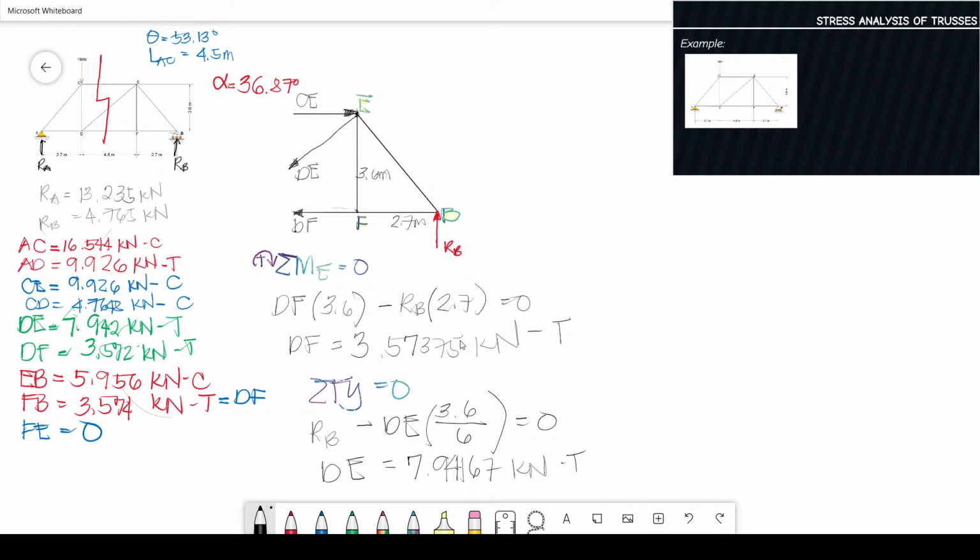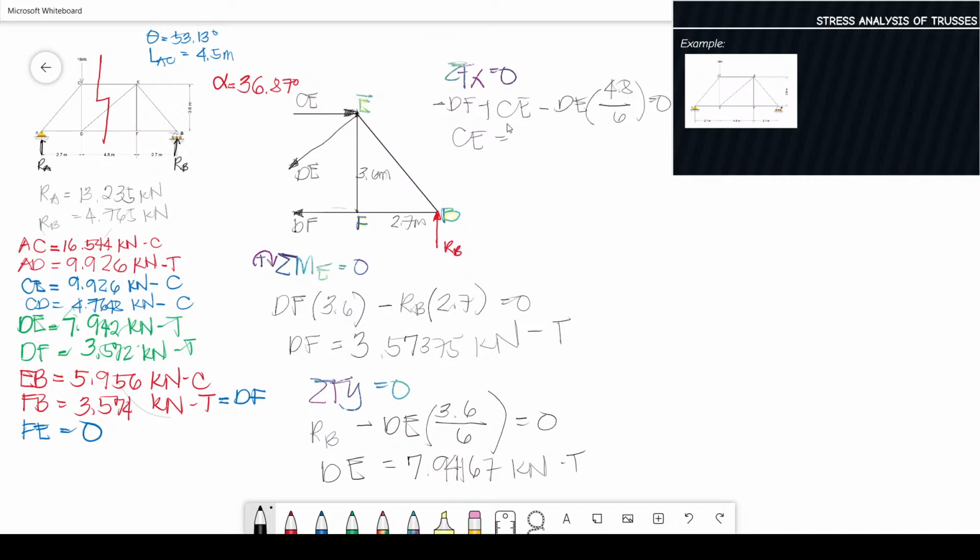So we only have the unknown CE. We can now use summation of Fx equals to 0. So that is negative DF plus CE minus DE cosine alpha, which is 4.8 over 6, equals to 0. We have CE equals negative DF.